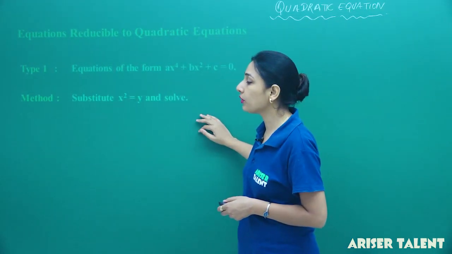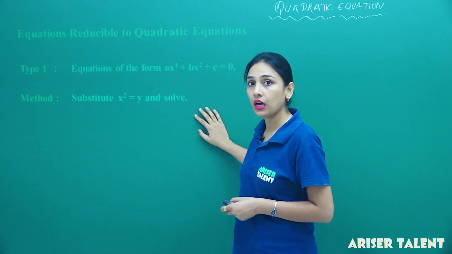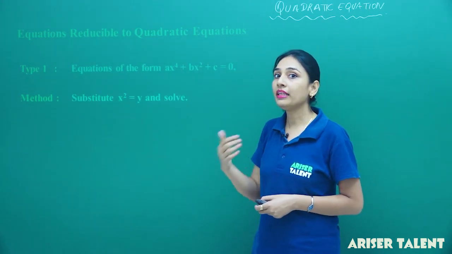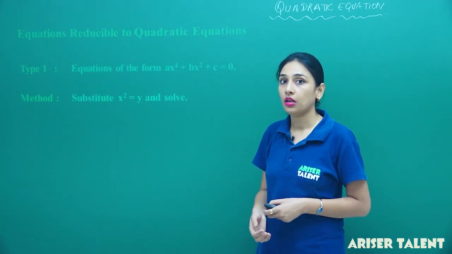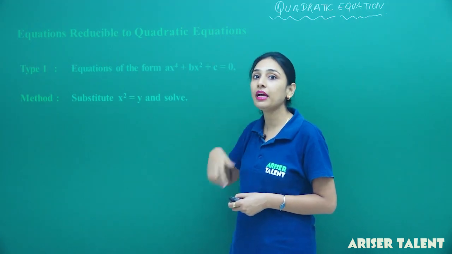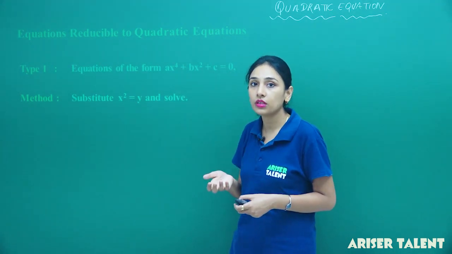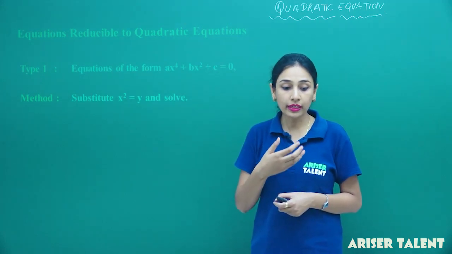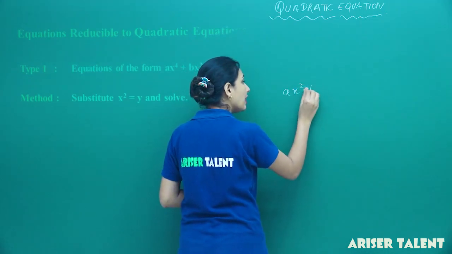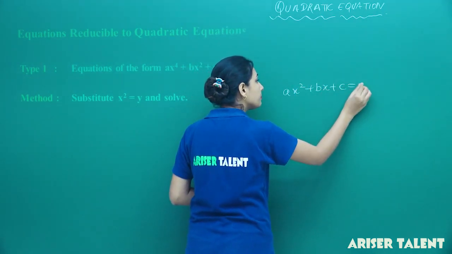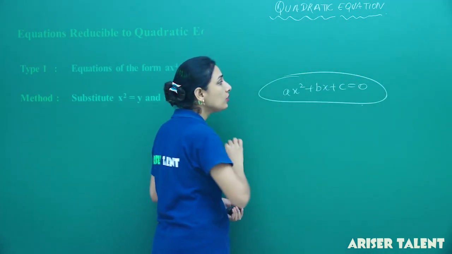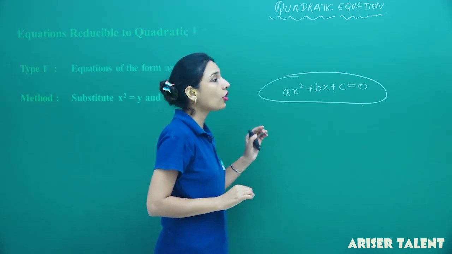Students, before going with this topic, I'd like to tell you that you will have so many types of equation. Squaring may work sometimes, sometimes you can multiply it with something and then it can work. Now you will not have this particular format ax square plus bx plus c equals to 0. Till now you have had this format and did the calculation.